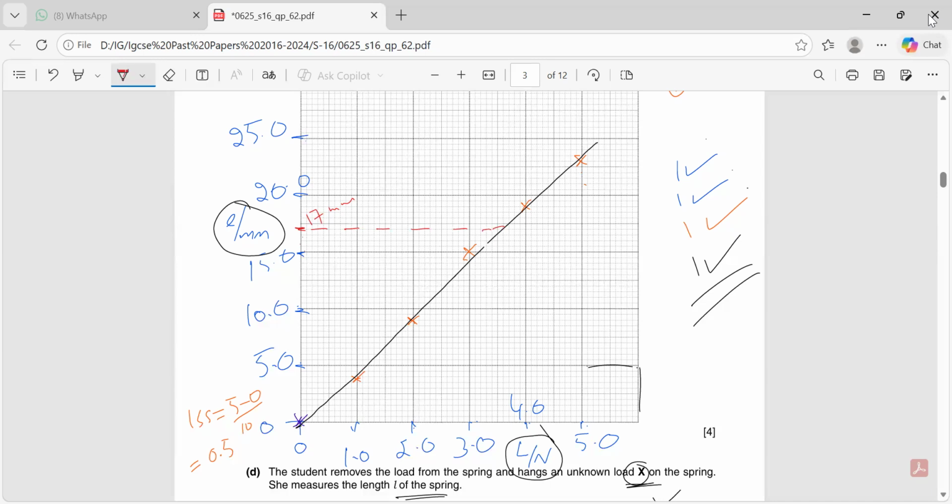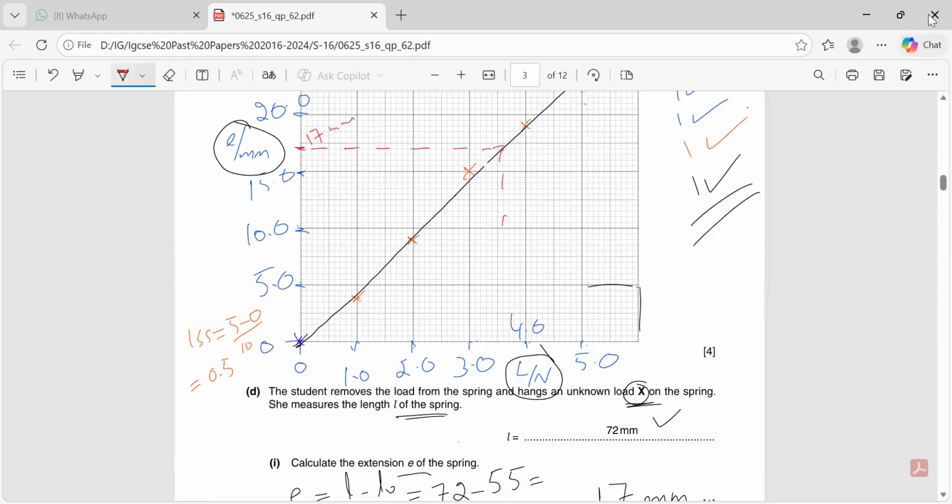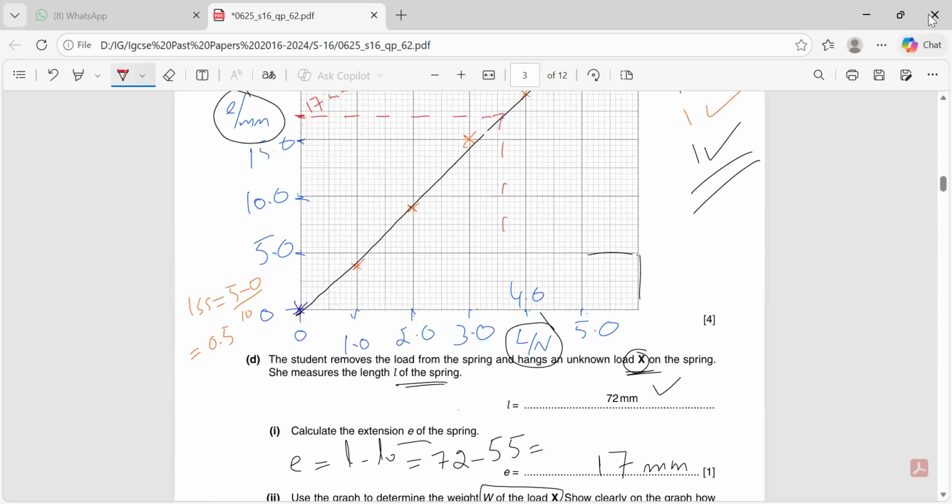It touches the graph over here. Then again, use the ruler. Over here.